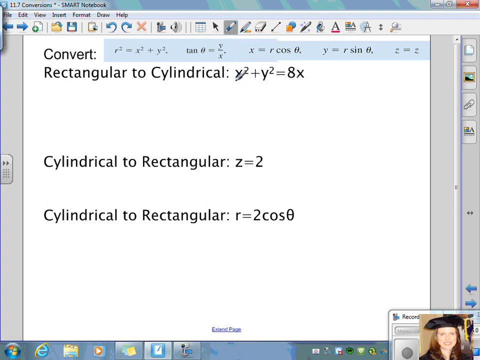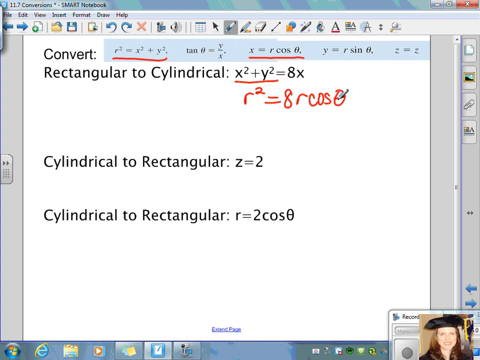We're going to replace the x squared plus y squared with what it's equal to. x squared plus y squared is equal to r squared. So we can write this as r squared equals 8x. And we can replace x with what that is equal to when we convert, so we can write this as 8r cosine theta.